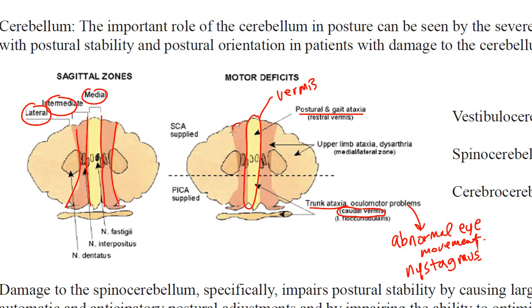For the intermediate zone, this is called paravermis. And the symptoms would be upper limb ataxia or dysarthria. So dysarthria is related to articulation for speech.